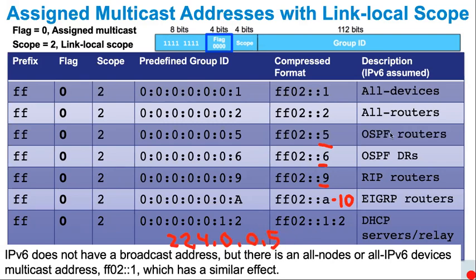So this would be the same in IPv6 as it would be for OSPF in IPv4, the last number. They kept this last digit consistent across IPv4 routing protocols and IPv6 routing protocols.